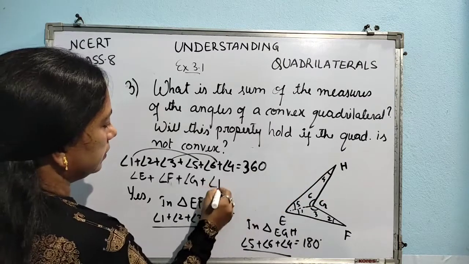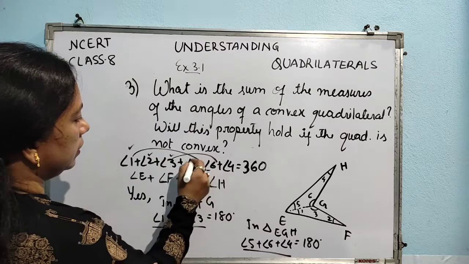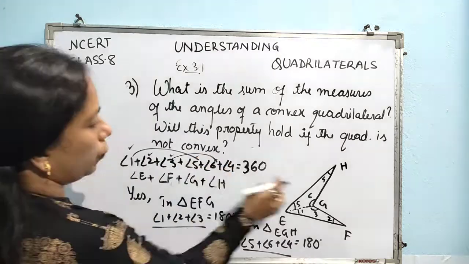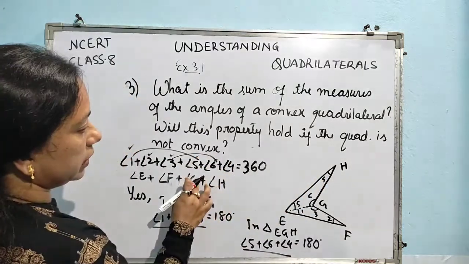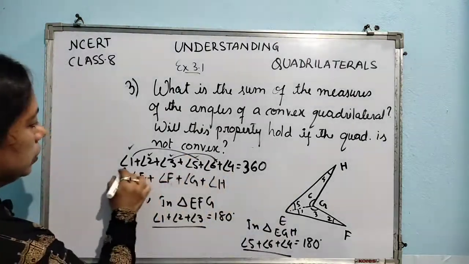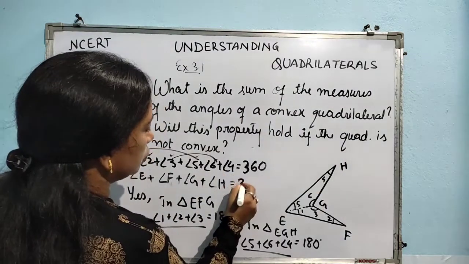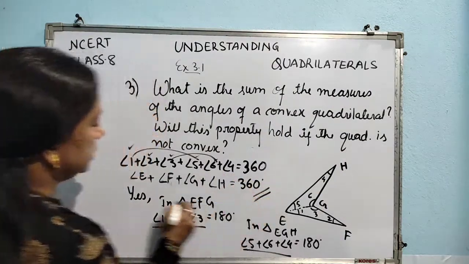Angle 4 means H. We have done 1, 2, 3, 5, 6, only angle 4 is left. Angle 4 is H. So this is ultimately equal to 360 degrees.